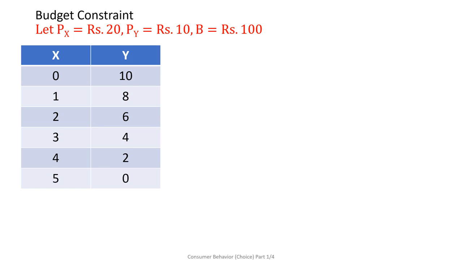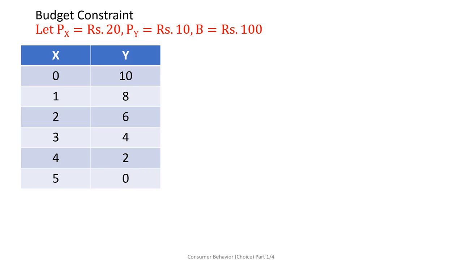If a consumer purchases 1 unit of good X, then the total expenditure on good X will be rupees 20 and rupees 80 will be left to be spent on good Y. Given this, the consumer can purchase 8 units of good Y.